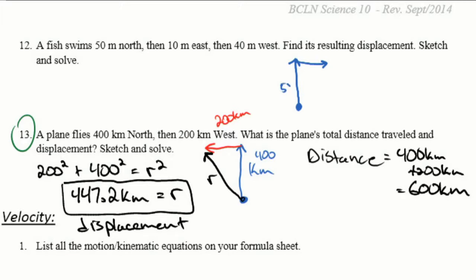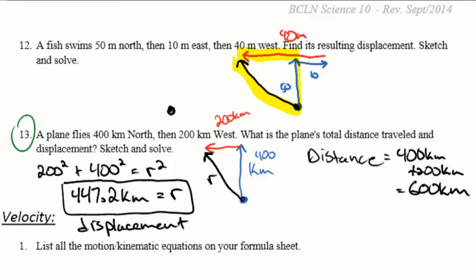So this is 50, this is 10, and then 40 meters west. We're looking for the resultant, and we're going to draw this triangle here. So I'm going to redraw this triangle with a complete set of information.